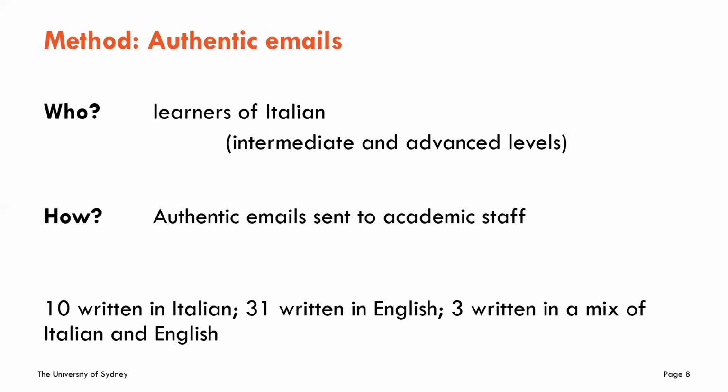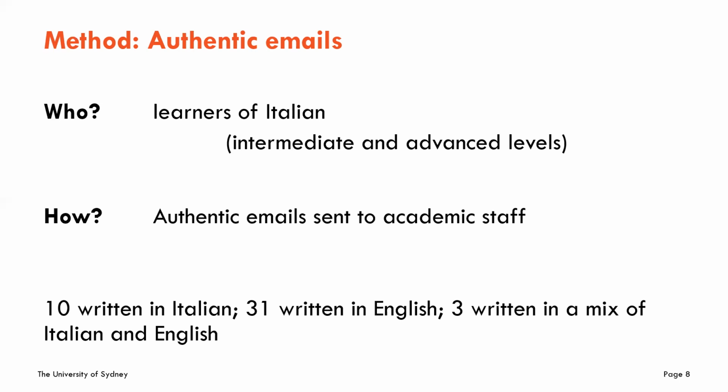Finally, the authentic emails were collected from learners of Italian, again at intermediate and advanced levels, and these were emails which students had sent to academic staff of Italian studies. So I don't have any details of the demographic profiles of these learners of Italian due to the nature of the ethical approval and the very strict privacy around authentic email collection at my university.